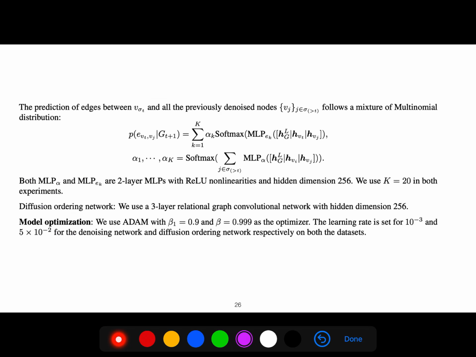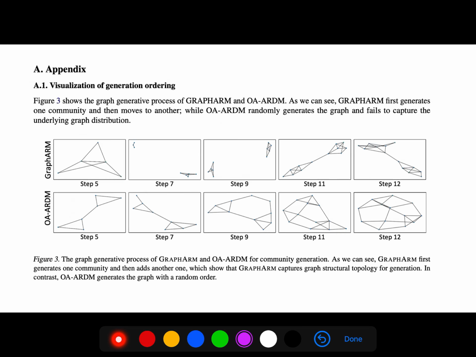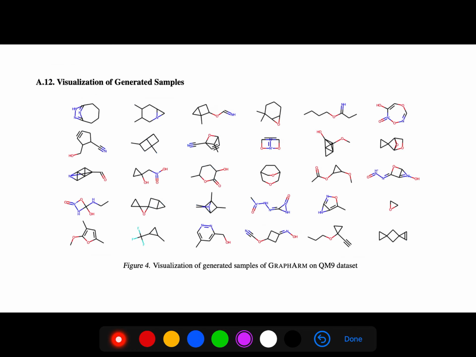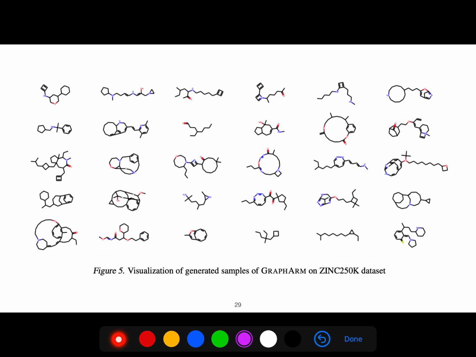Similarly, for edges, they have defined this. And this is the visualization of the generation ordering. This is for QM9, generated samples from QM9. This is for generated samples for ZINC250K.